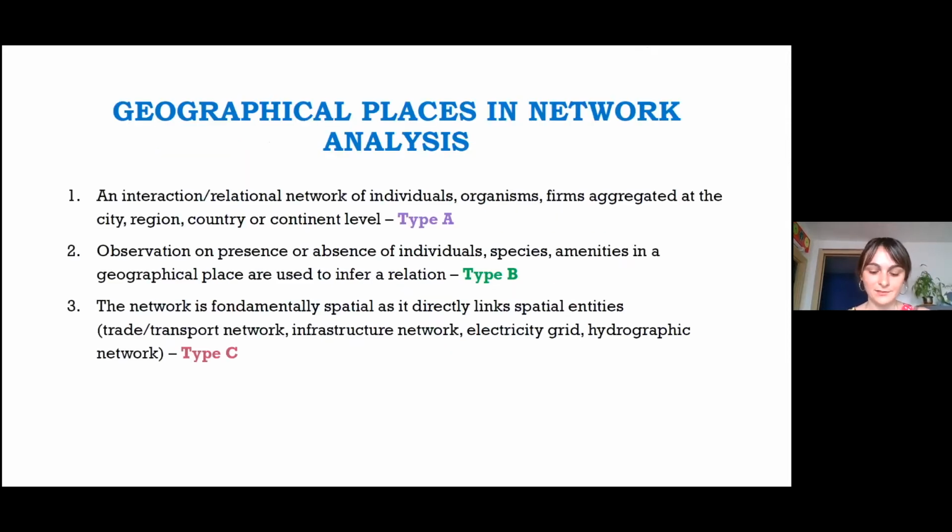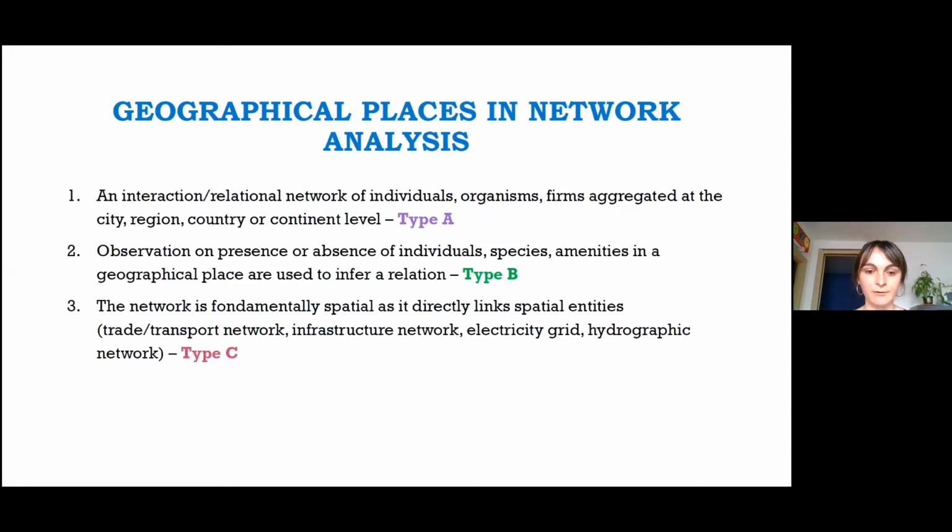In this presentation, I propose we distinguish between 3 different ways to integrate geographical places in network analysis. First, it's when you have information on direct links between individuals, organizations, firms, and you aggregate them at a geographical level.